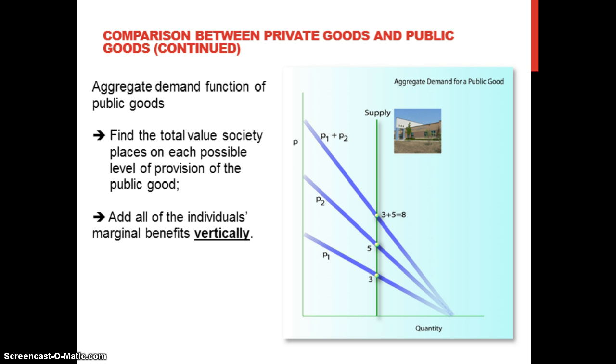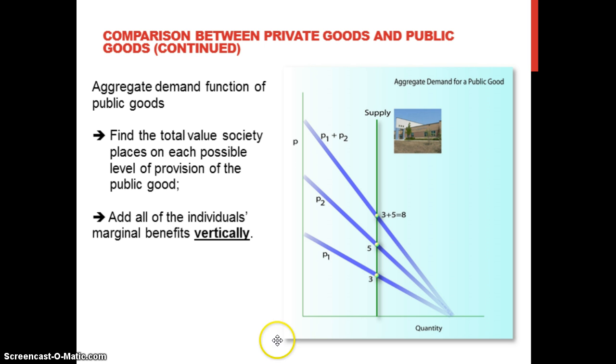Therefore, in a democratic government, how to decide the level of public good provision is a critical issue. Government might seek the level of public goods provision at which people tend to place higher values. Higher values means marginal benefits in the case of public goods because many goods do not require users to pay a fee.